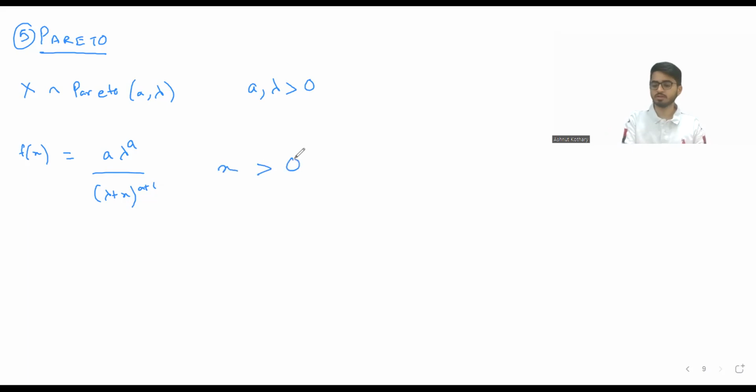Next, Pareto distribution. Again, if you take a look, x takes the value from 0 to infinite. CDF, we do have a closed form.